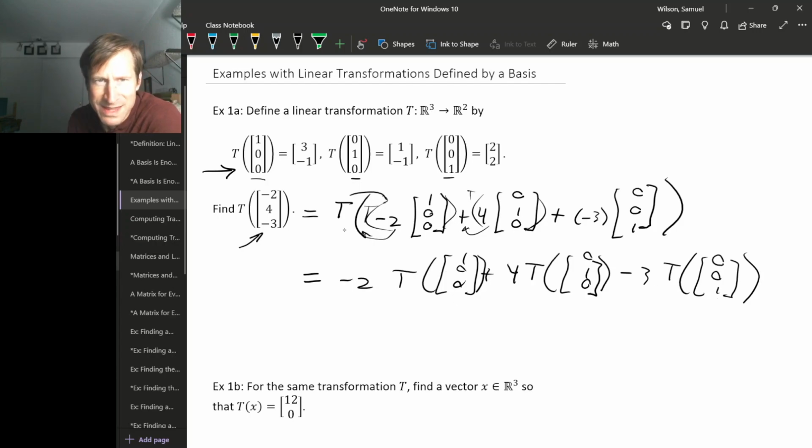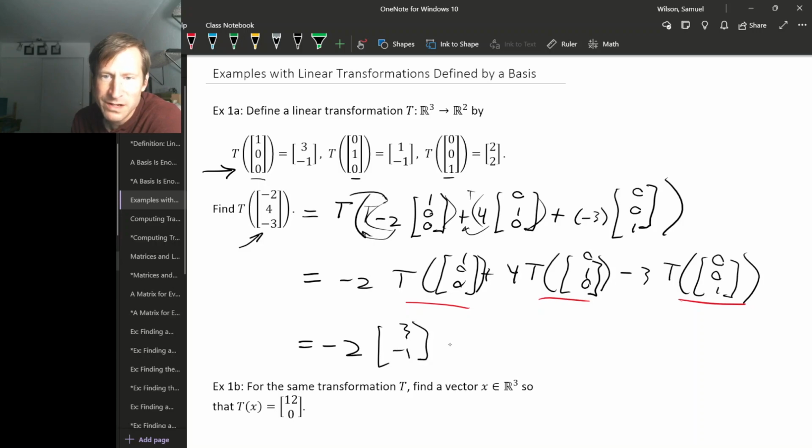And right, these values here, this is what we know about T. Indeed, those are the only things we know about T. So we can use what we know. T of (1, 0, 0) is (3, -1). T of (0, 1, 0) is (1, -1).